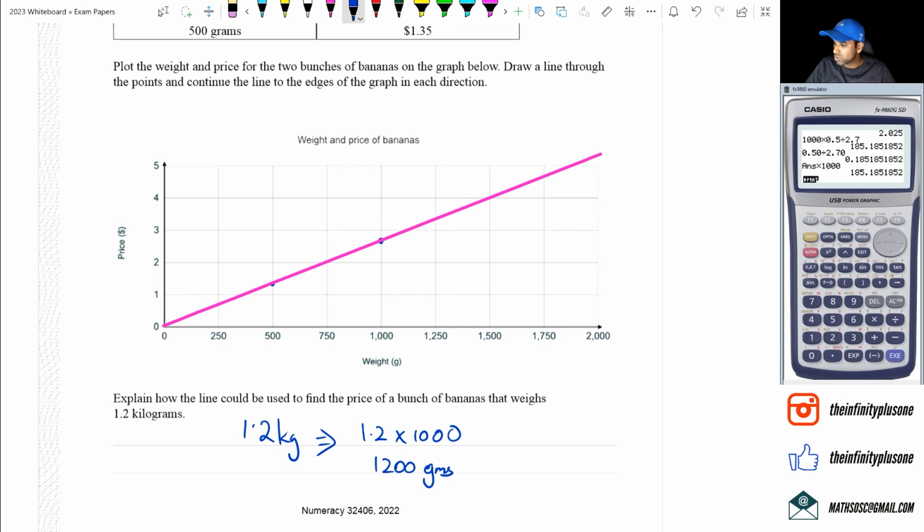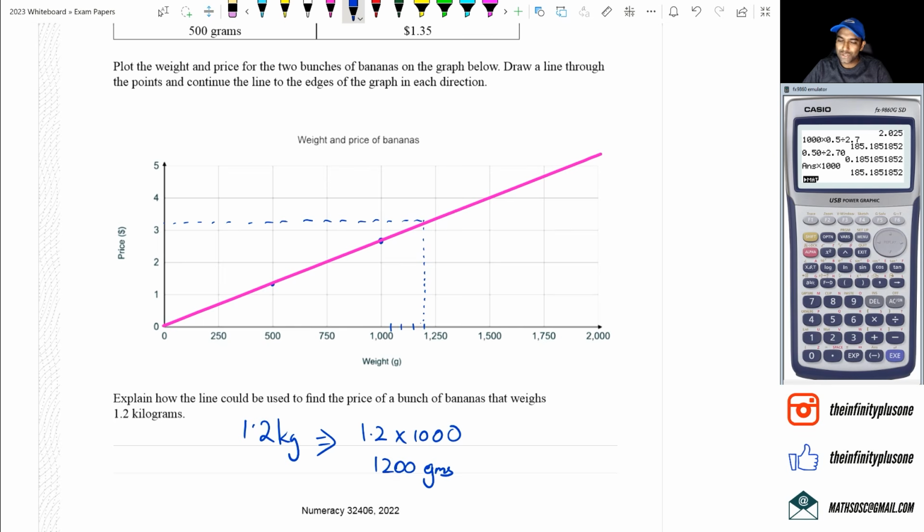You can't even show it. So 1,200 is somewhere roughly here. It's probably 5 times, so 1, 2, 3, 4, 5. Yeah, that's probably 1,200 going across. So it's roughly $3, 20, 30, 40. I don't know, it depends. You could kind of put it in there. 1,200, yep, that all looks good.